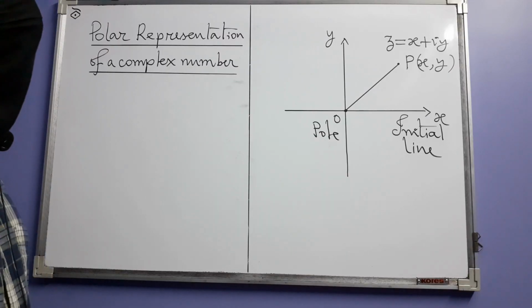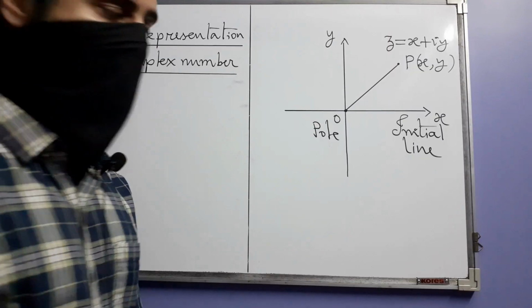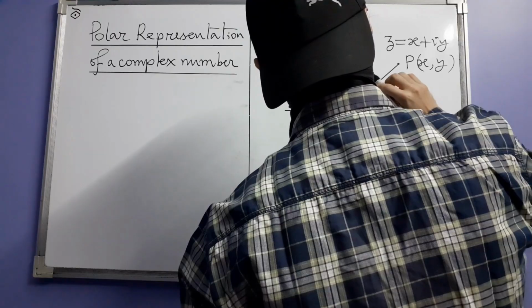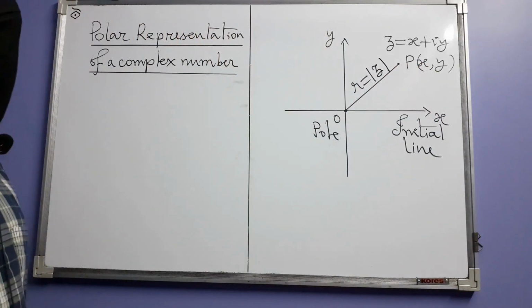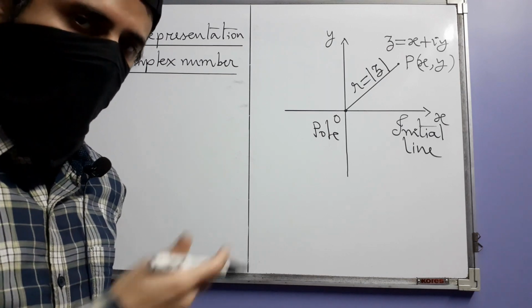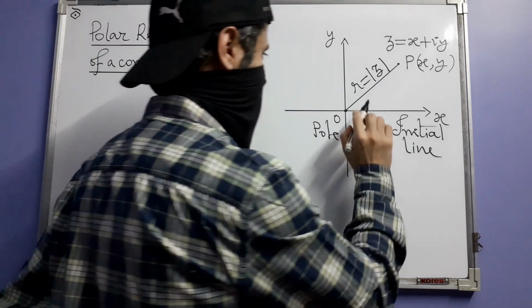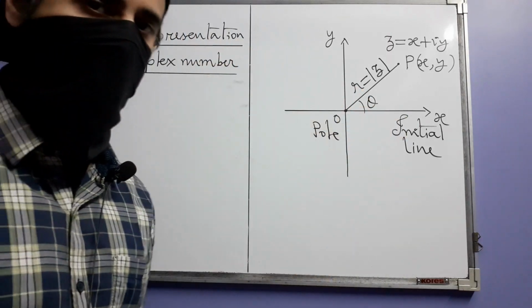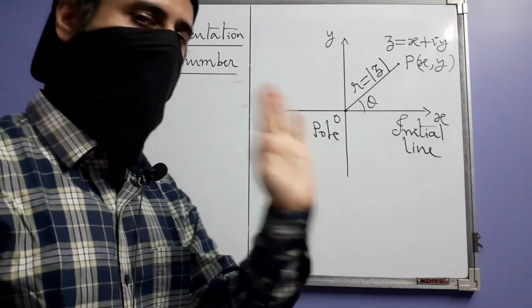Alright. Then what will be that r? r in this case, of course, is going to be just the modulus of our complex number. We have already seen this. Theta, however, is one of those angles. Okay, and here also we allow theta to have any value.